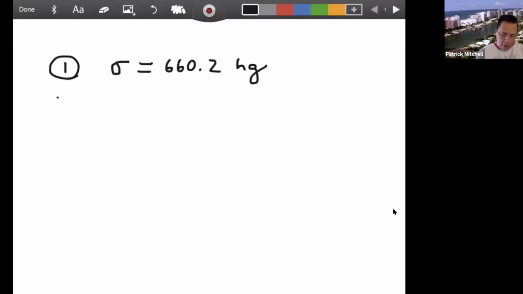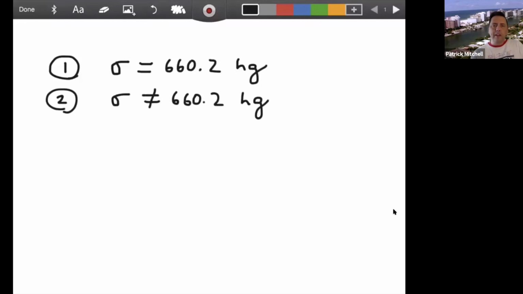In step 2, we write the opposite of the original claim, which would be sigma does not equal 660.2 hectograms. And then in step 3, we decide which of those is the alternative hypothesis. The alternative hypothesis is the one that does not have equality.